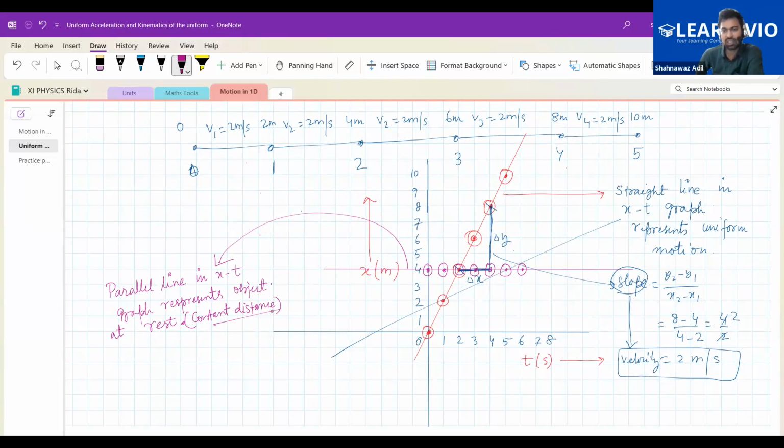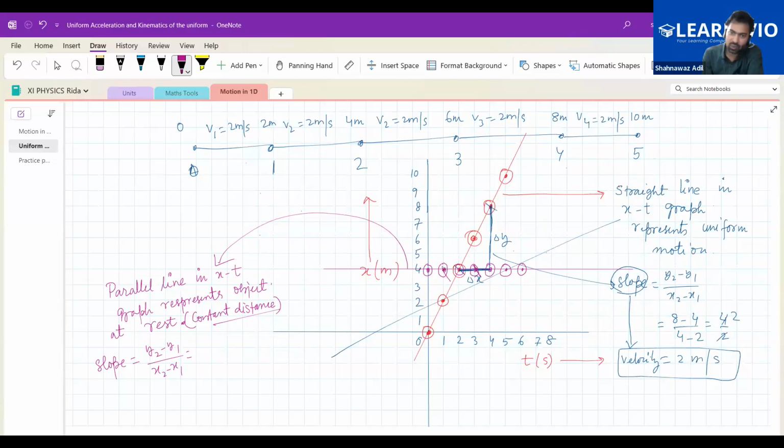You are changing the time, but the distance is fixed, which means the speed is 0. Because you can calculate the slope. This would be y2 minus y1 over x2 minus x1. You can pick any point, let's say this one and this one.